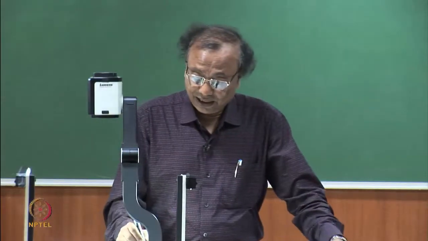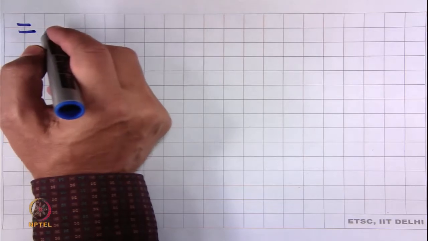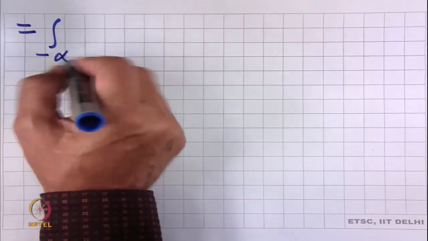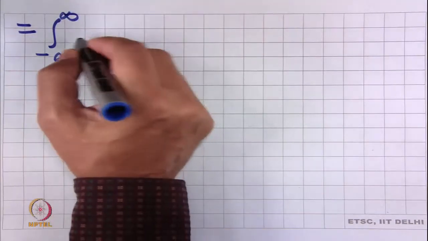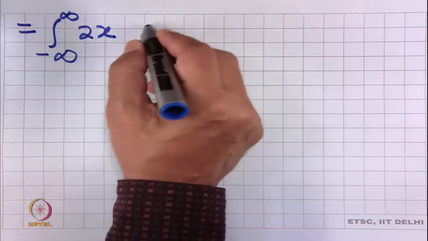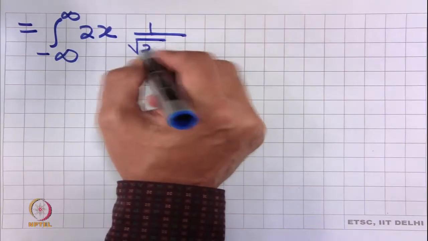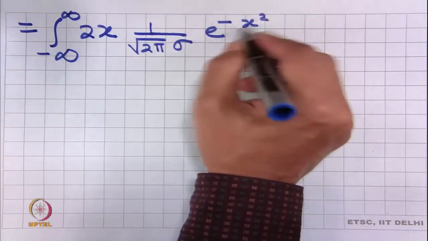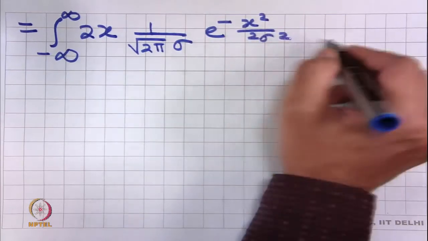So, this I write as a sum of two parts. Two x into 1 over root 2 pi sigma e to the power minus x square upon 2 sigma square dx.